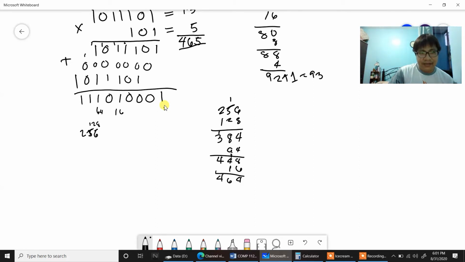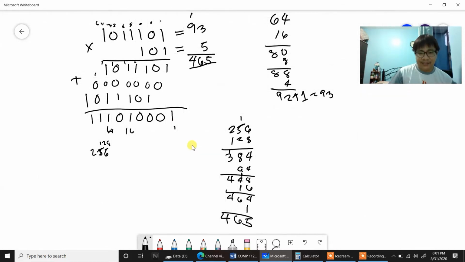Okay, then you get the 1, plus 1, 4, 6, 5. So you have now the same answer as our result. Okay, you have 6, 5, then you get 6, 5. So that is for the multiplication. Okay, so I hope you get the multiplication because it's very easy.